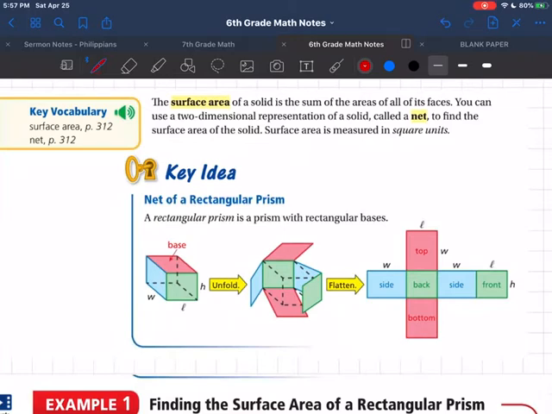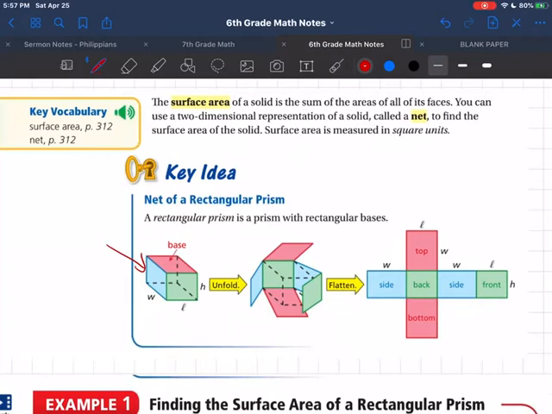So I always think of it as if this is my three-dimensional object, the surface area is how much paint. In a real world scenario, I would need to know the surface area so I would know how many square feet or inches or whatever that I needed to paint. So surface area, think painting the outside.